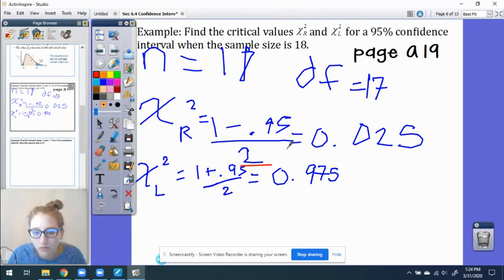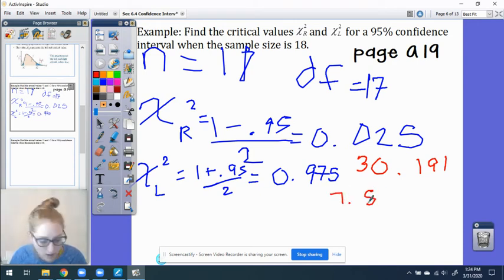There we go. Okay, so this value is 30.191, and 0.975 is going to give me 7.564. Okay, so those are my two critical values.